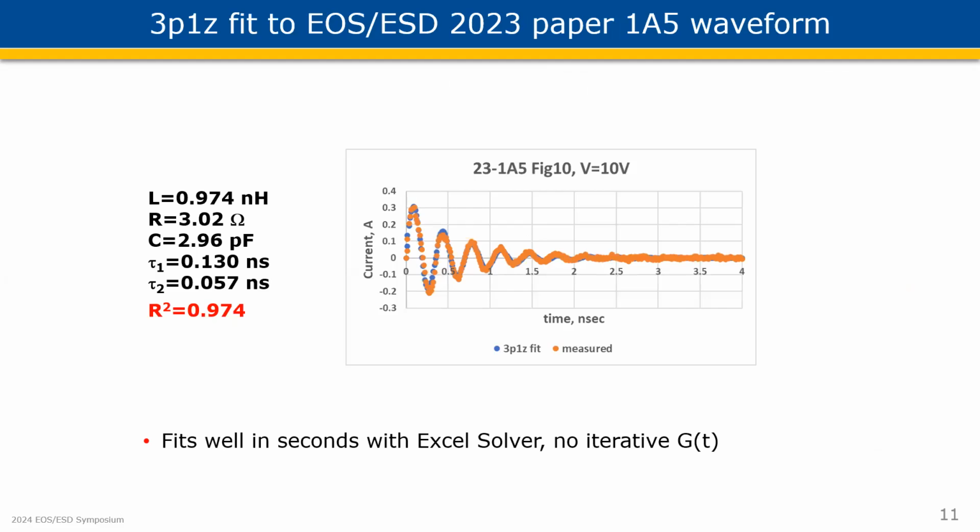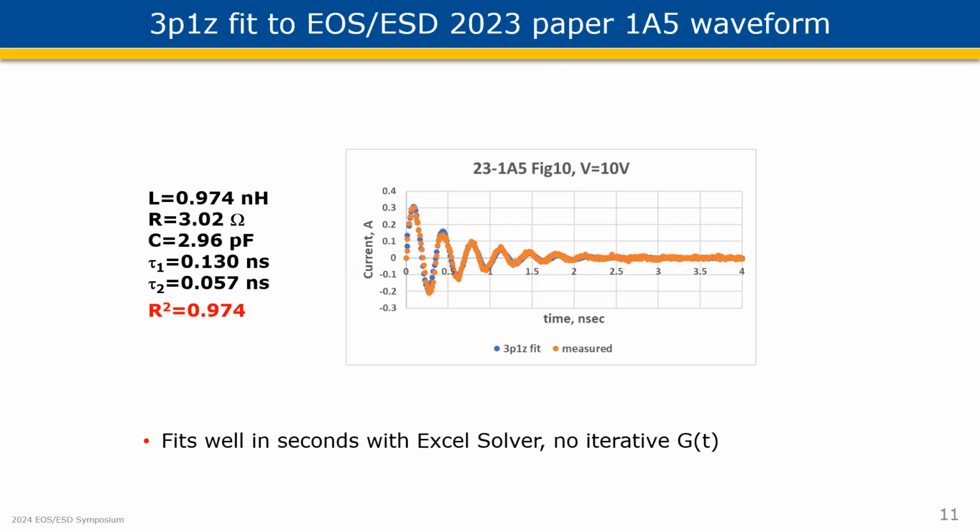Okay, well, how about when we apply this to the 2023 paper from our esteemed colleagues in Europe? The 1A5 1 nanohenry solution waveform from last year is fit quite easily in a few seconds using the optimization plugin from Microsoft Excel Solver.